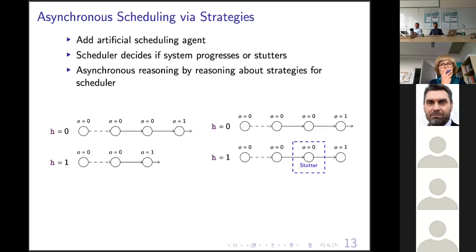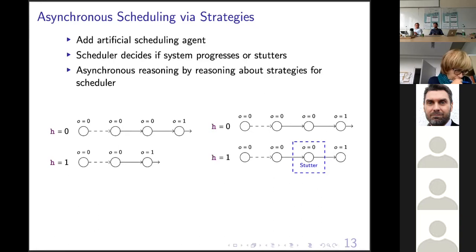So if we again consider our example from before, on the left here we have these traces that do not satisfy the synchronous version. And if we introduce the stutter player, well, you can just stutter the state once and realign the output propositions. So the system from before with this added scheduling player, there does exist a strategy for the scheduling player to realign the propositions. So by viewing the scheduling decision as a strategic decision, we can also express meaningful and very intuitive asynchronous hyperproperties in our logic.